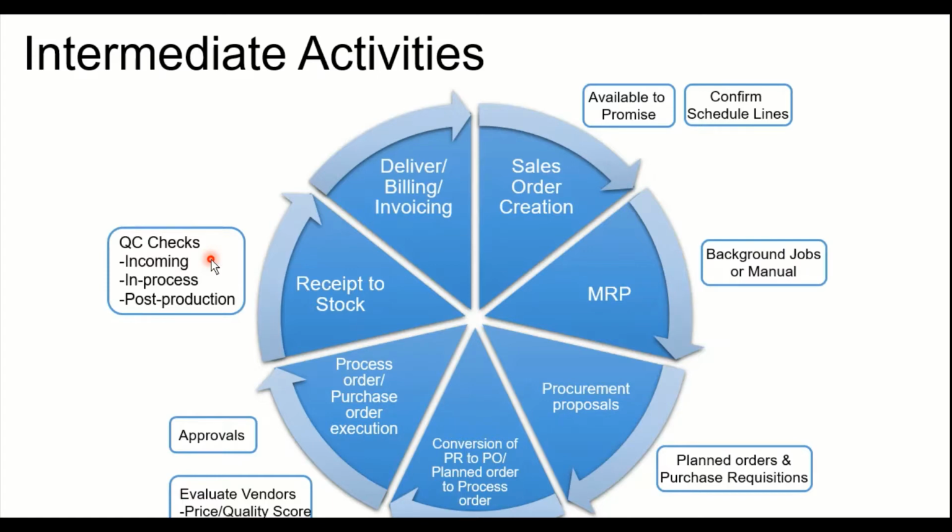And the second one is the in-process inspection, where the quality checks will be performed periodically or based on some time or frequency to check how the production is actually happening. Is it according to the sequence of operations or is it according to the characteristics that were predefined? So it's a kind of an ongoing inspection during the production process.